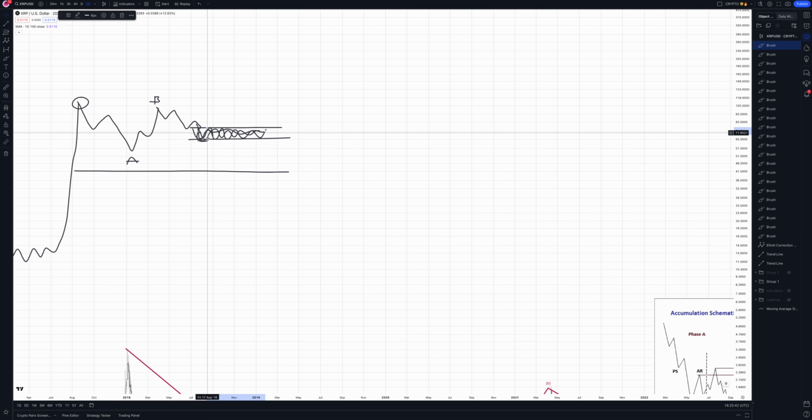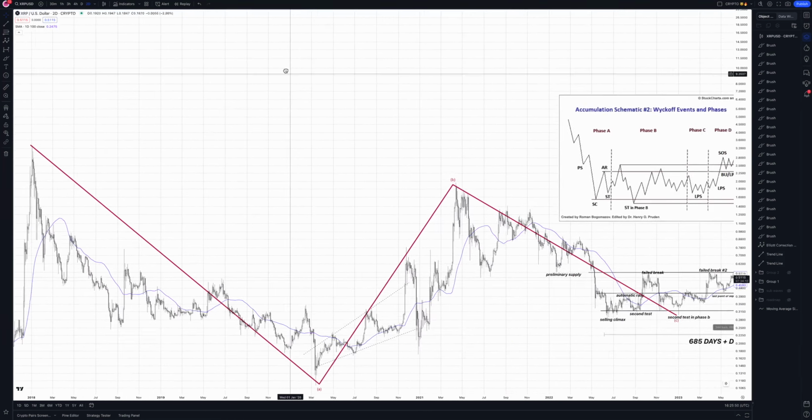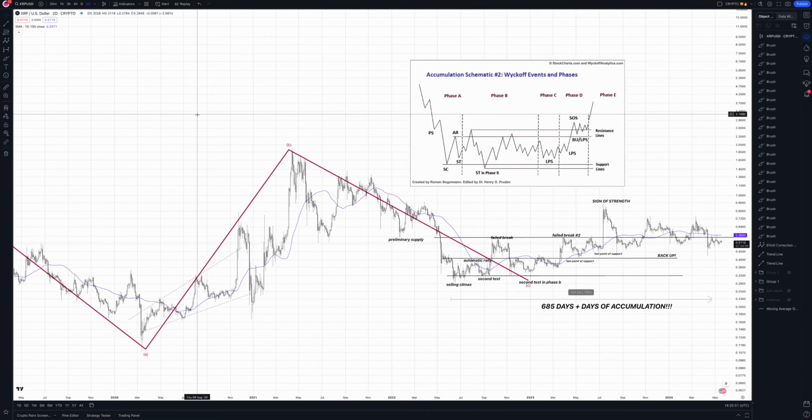You can even call it smart money accumulation, right? They're accumulating within this Wyckoff range over here, and we can see that every single move within this range is not random. None of it's random at all.